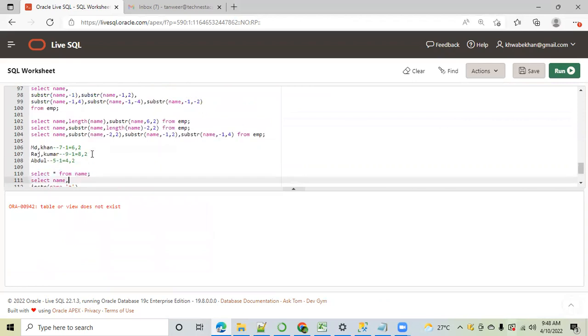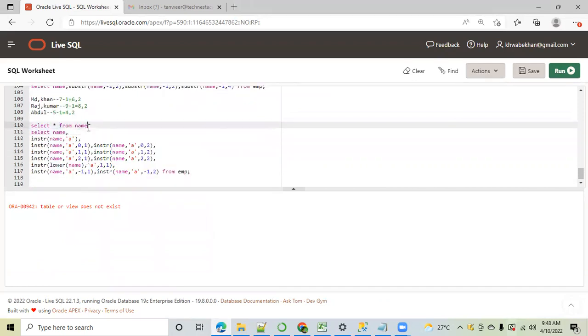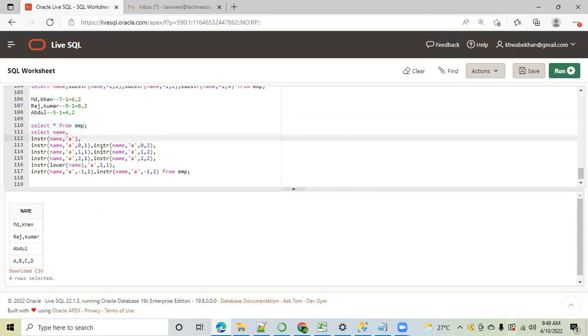Table or view does not exist. Employee table. This is the same data. This is a little bit confusing. Don't get confused, please.